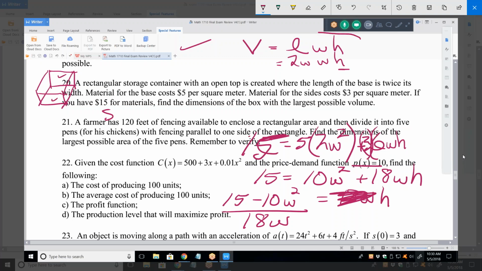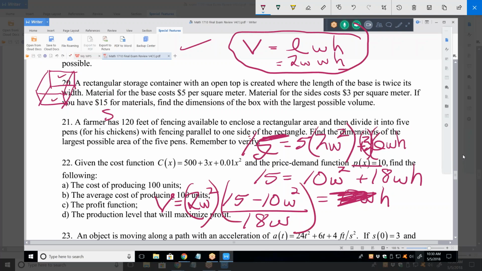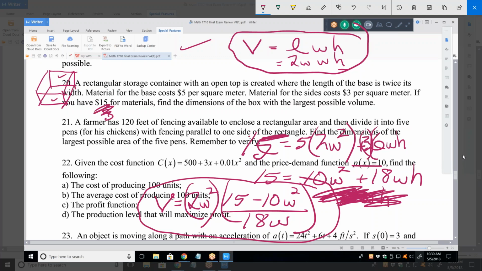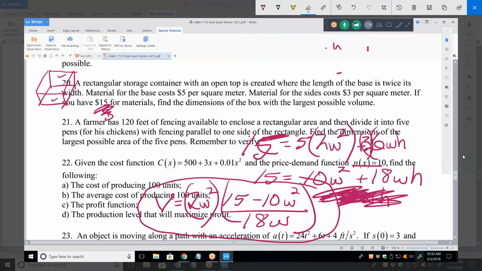I can go back into this function. So volume equals 2w squared times h. And that's h right there. So there's my function. Notice that it actually simplifies fairly easily. What does it simplify to? Let me start writing up here in the upper top.